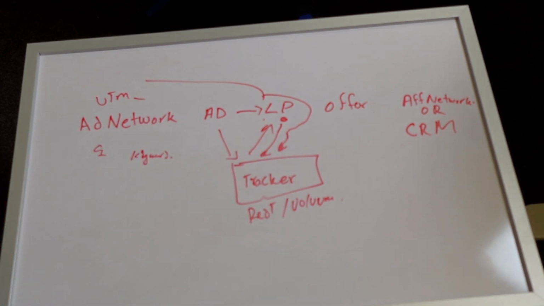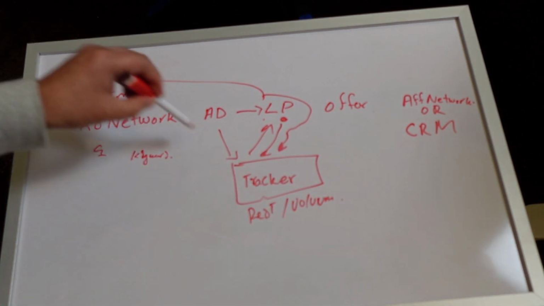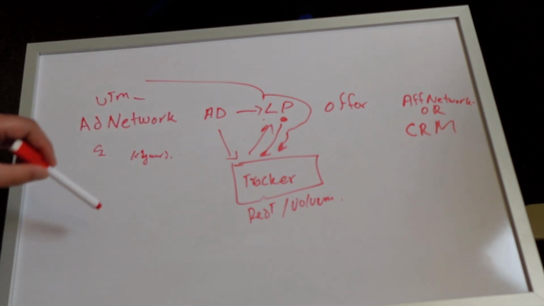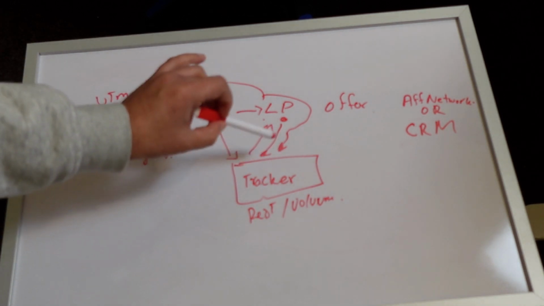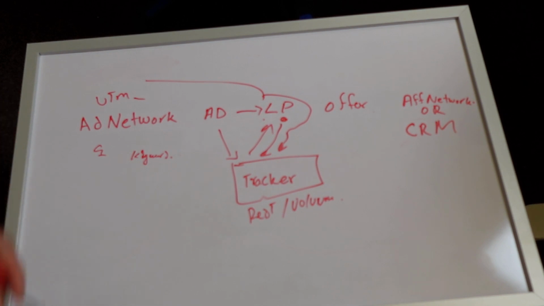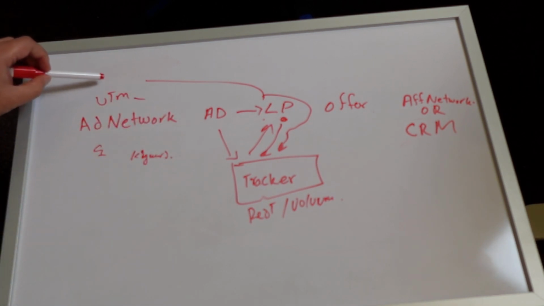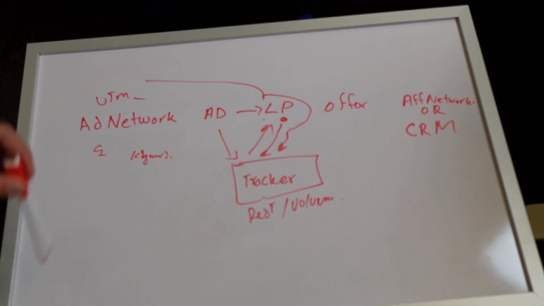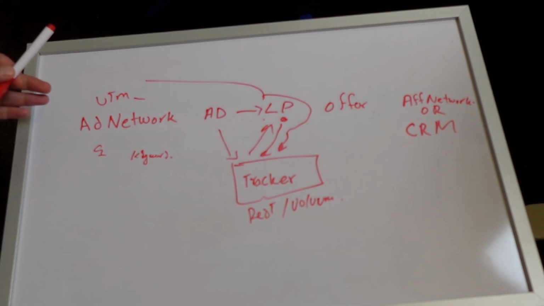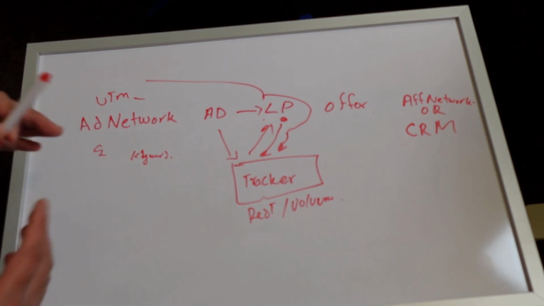So the tracker knows which keyword this user clicked, which ad they clicked, and it also tracks their IP address, device ID, and all the information. If you're using Taboola, it will also collect their publisher ID, like which site the click came from, and all the information.